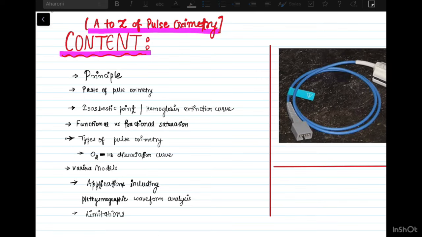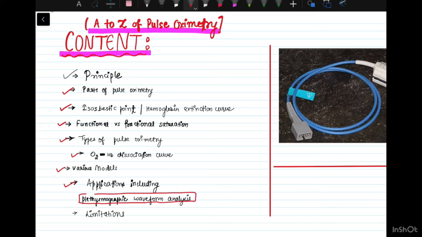Right, so let's talk about the A to Z content for pulse oximetry. The contents that I've included in this PDF are the principles, parts of pulse oximetry, isosbestic point or the hemoglobin extinction curve, functional versus fractional saturation, types of pulse oximetry, oxygen hemoglobin dissociation curve, just an overview of this, various models of pulse oximetry, and the applications, all the applications, including the latest application, which is plethysmographic waveform analysis.